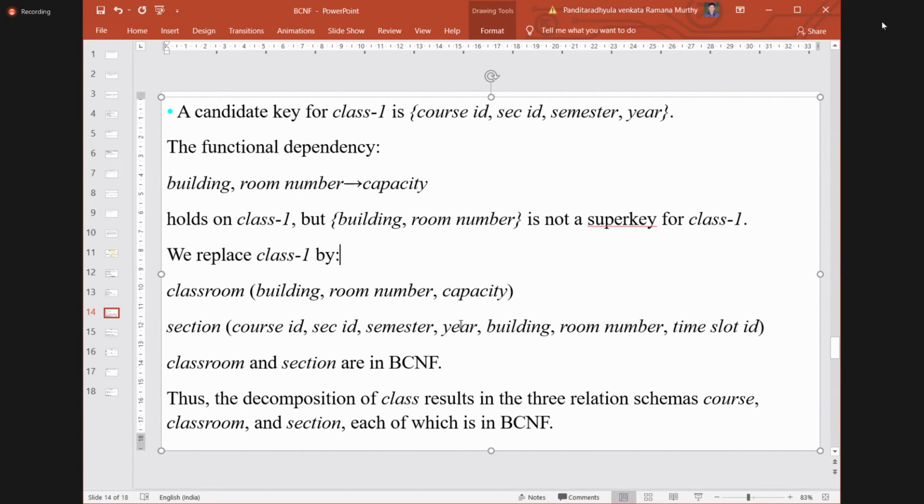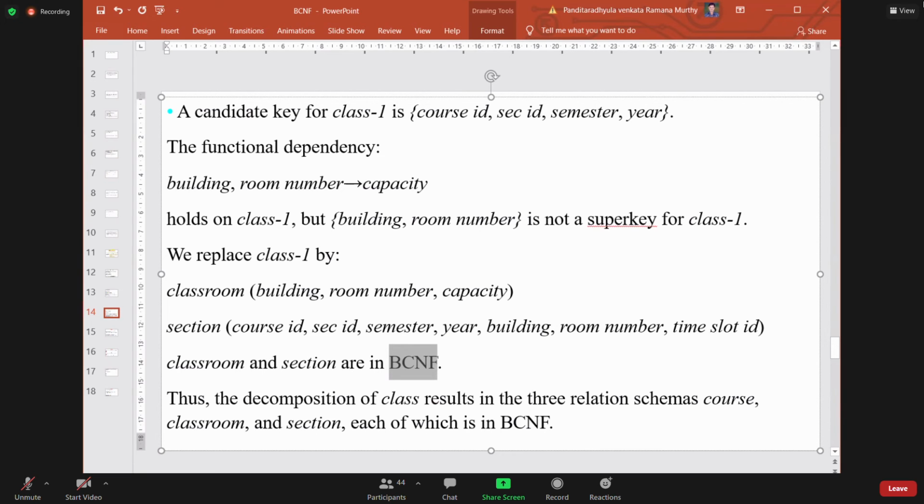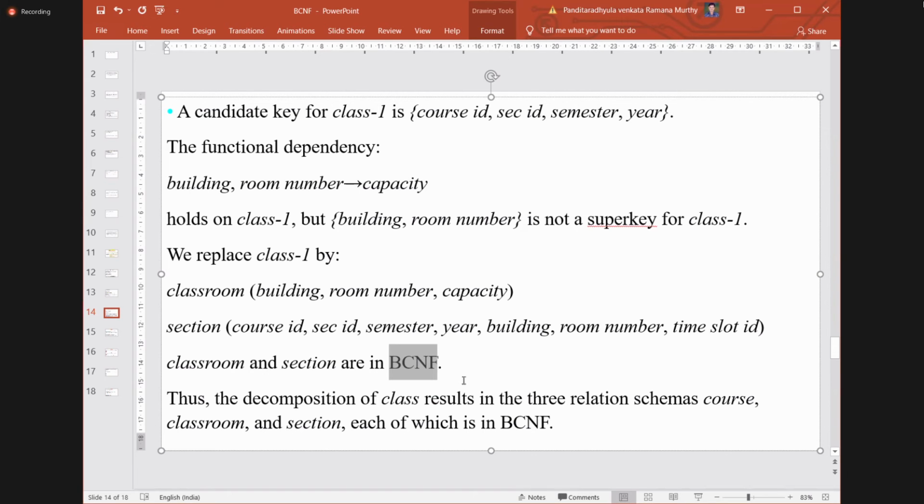Then finally we can say whether the final tables are in BCNF or not. Even after division, if you can't identify sufficient columns to be declared as a super key, you can say the given table is not in BCNF or third normal form.